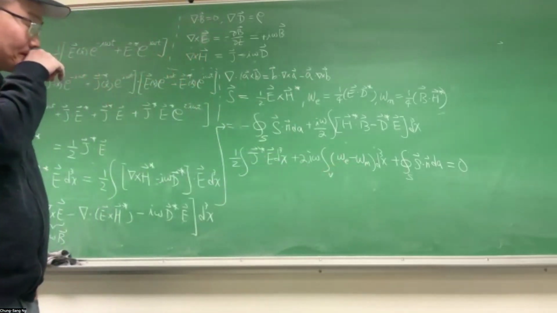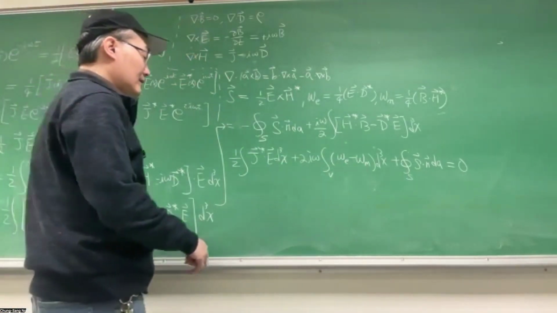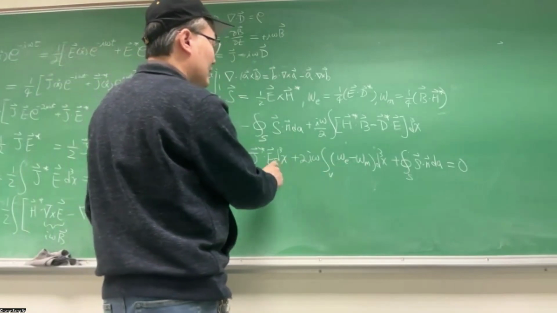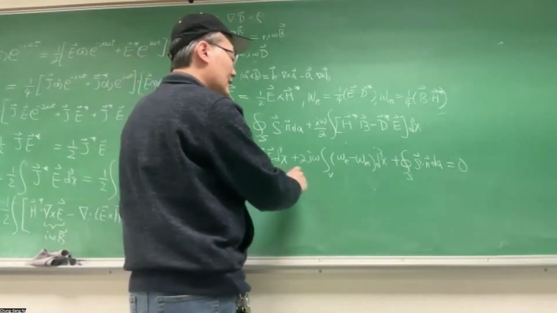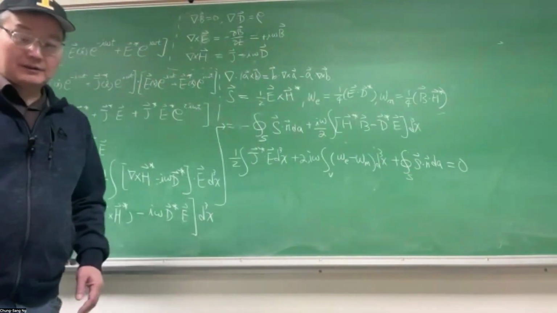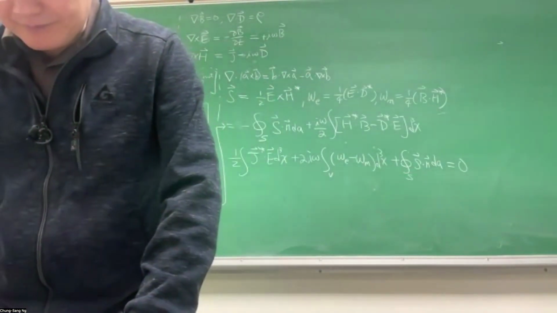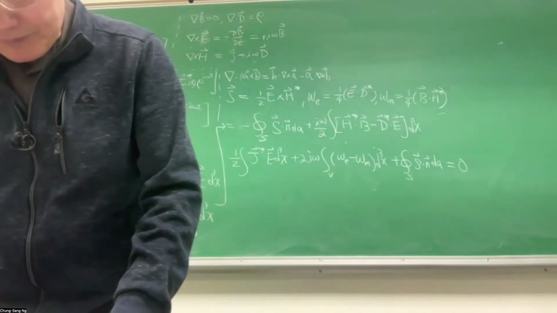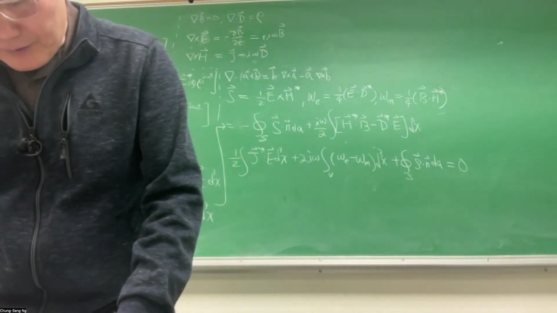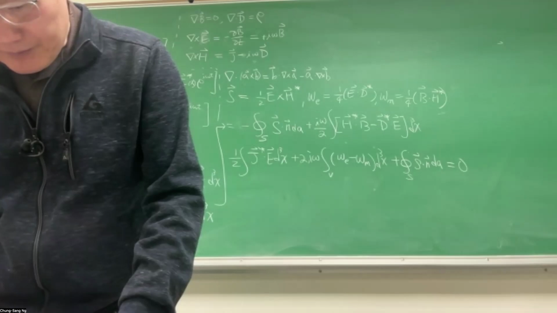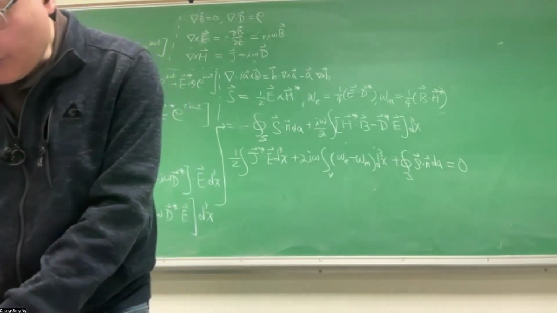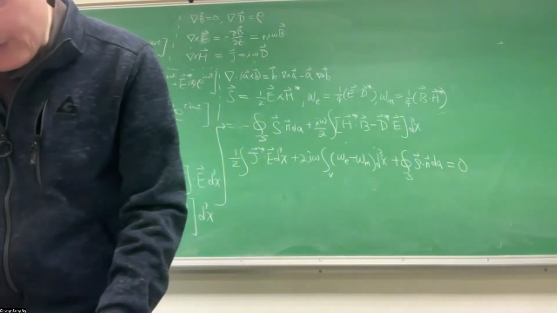And then you have this. The rest is similar. You have the particle energy, and then the Poynting vector, right? And in this case, I think that's the end of the derivation of the Poynting vector.